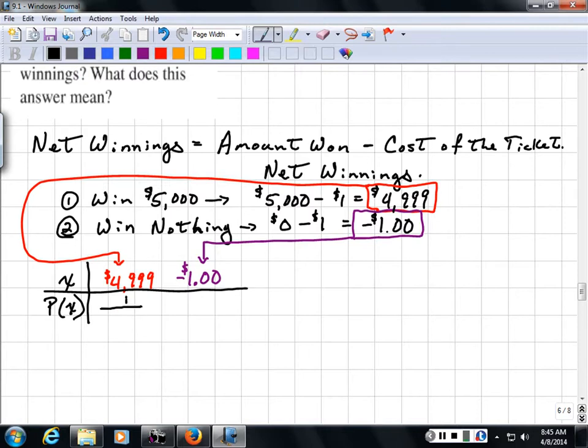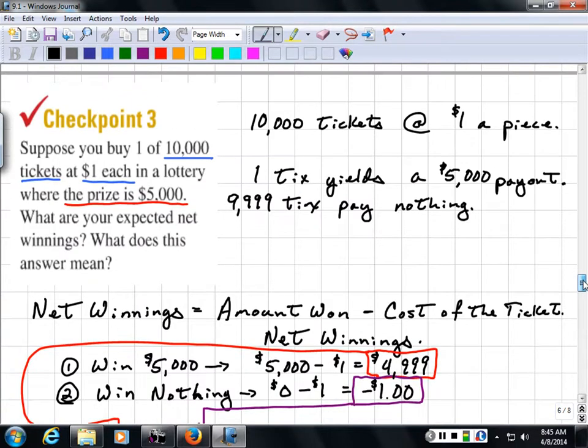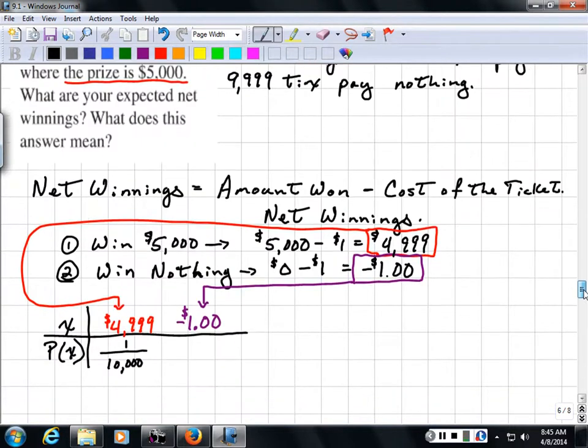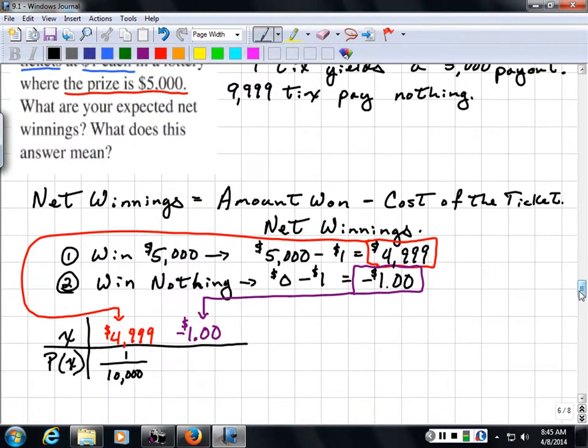This is 1 out of 10,000 because there are 10,000 tickets up here. One ticket yields the $5,000 payout, which equates to the $4,999 net winnings. So, using the same logic, what's the probability for losing $1? 9,999 out of 10,000. Exactly.